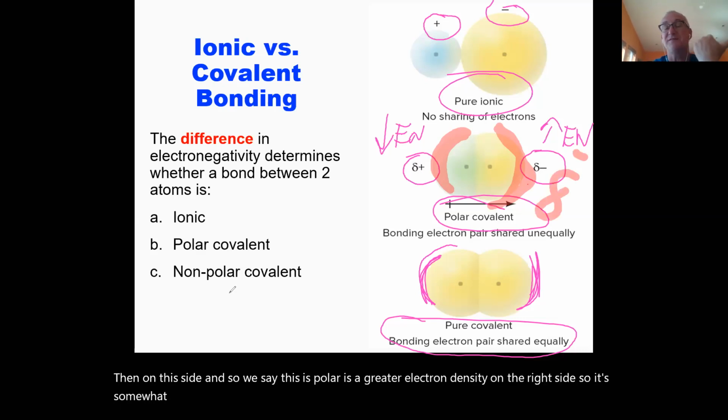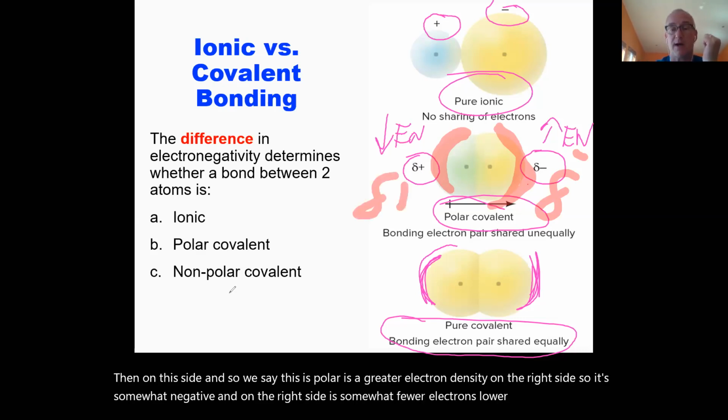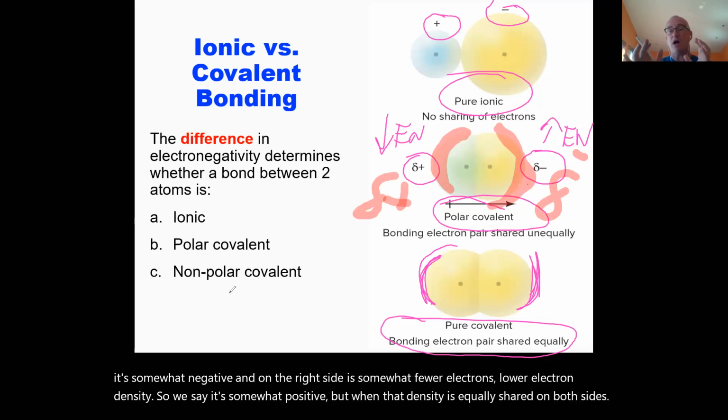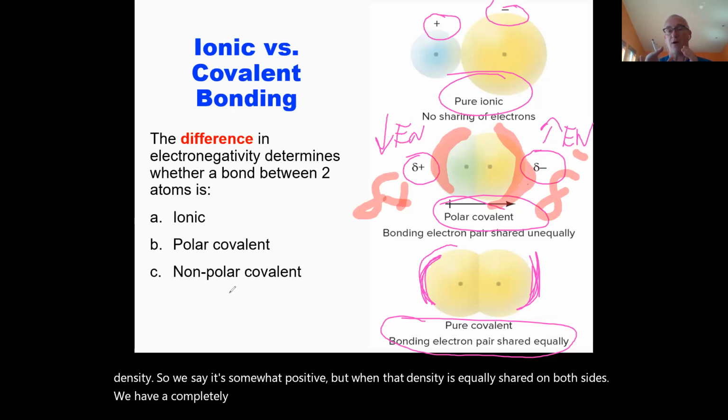And on the left side is somewhat lower electron density, so we say it's somewhat positive. But when that density is equally shared on both sides, we have a completely non-polar covalent bond, meaning it's completely even all the way around, and there's no charge distribution whatsoever on a bond like that.